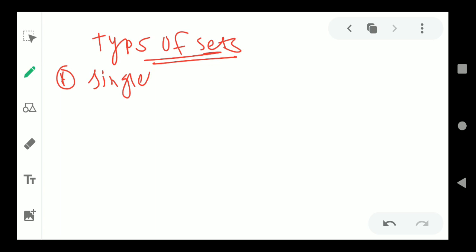Now we will discuss types of sets. First type of set is singleton set. Second is empty or null set.